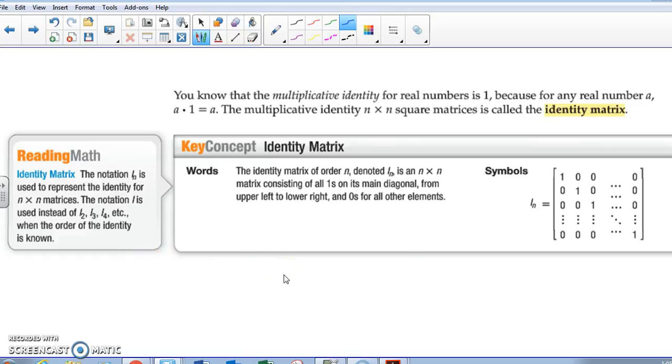Identity matrix. An identity matrix is when you have ones on the diagonal from left to right, and everything else is a 0. Identity matrix is also always a square matrix.